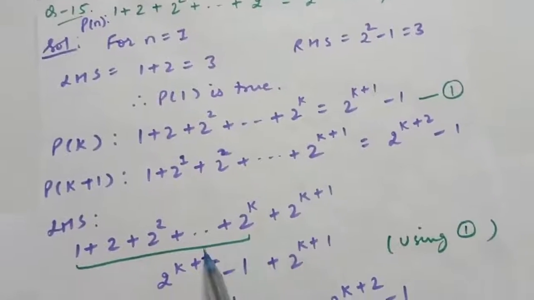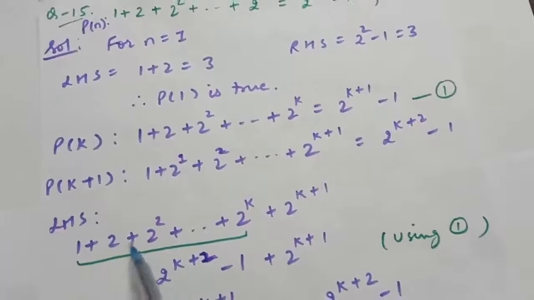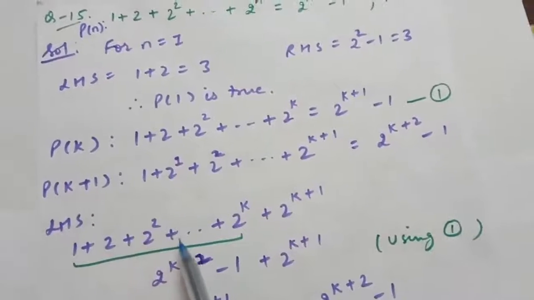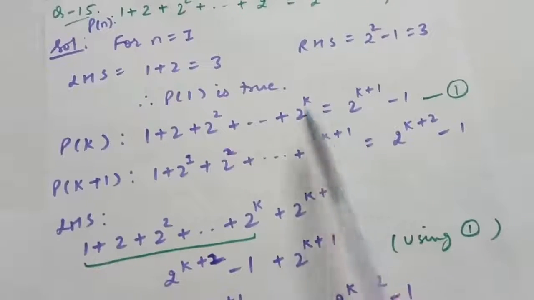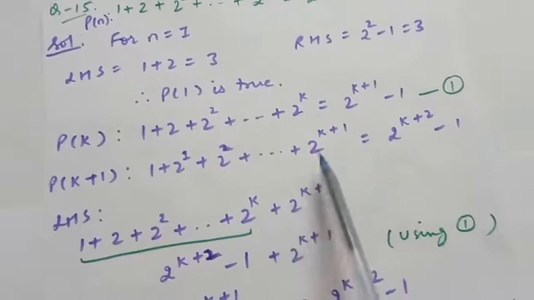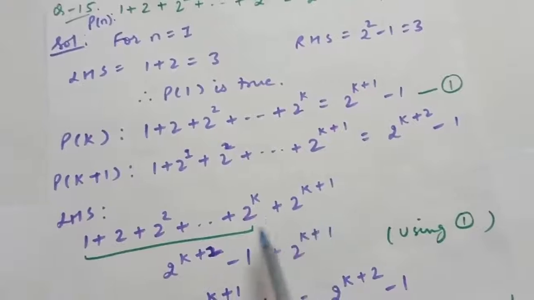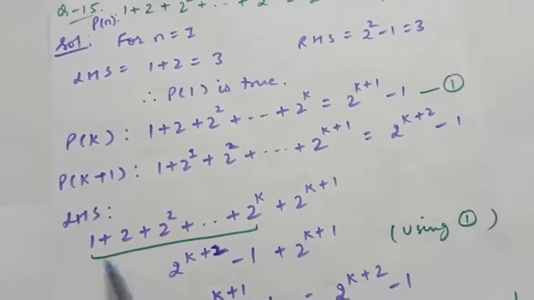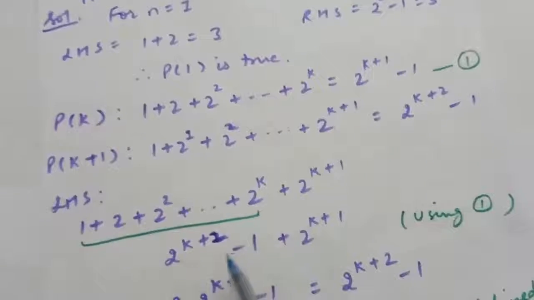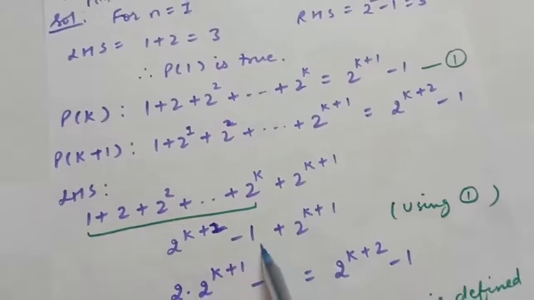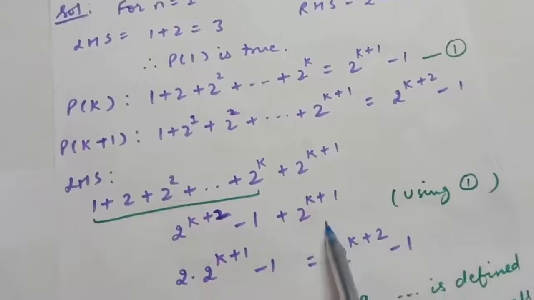So taking the left hand side, 1 plus 2 square, also mentioning the kth term. See, the kth term will be this 2 raised to the power k, plus the (k+1)th term. Now using 1 up to this term, the result is 2 raised to the power k plus 1 minus 1, plus the left term as it is.